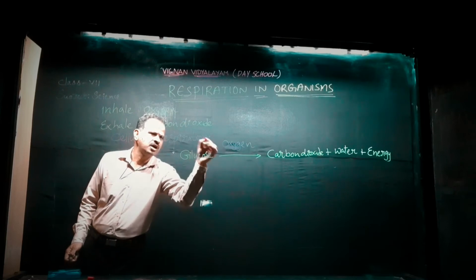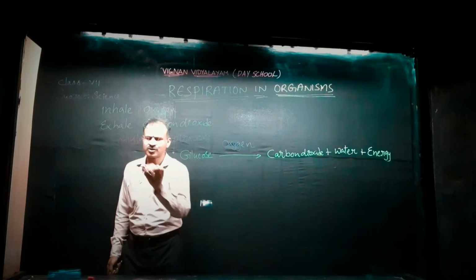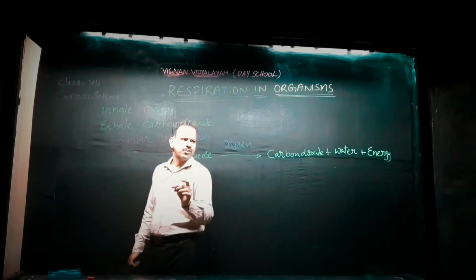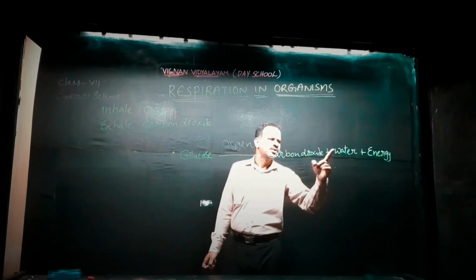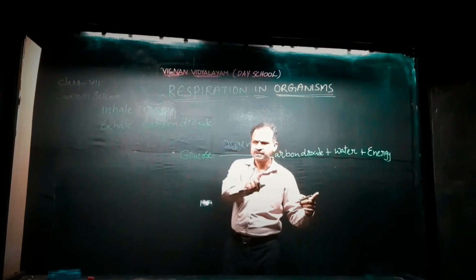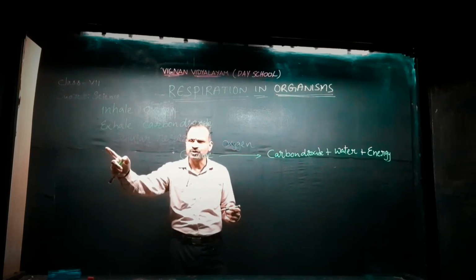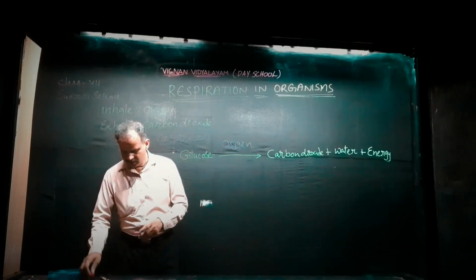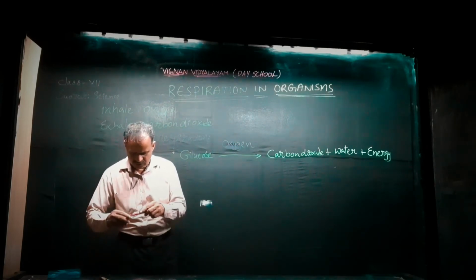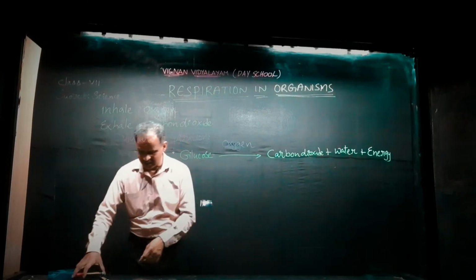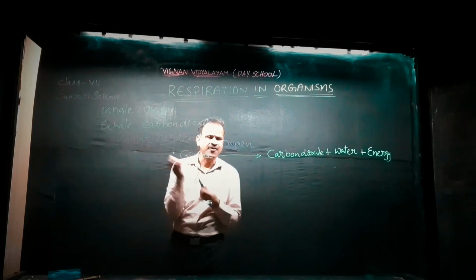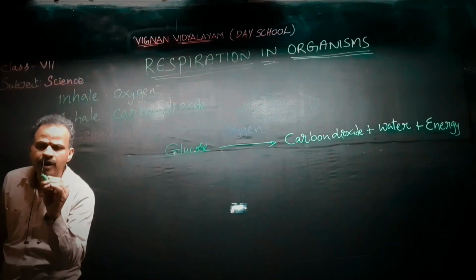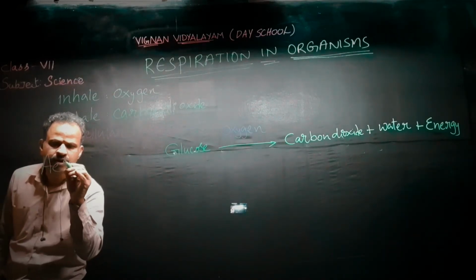This is called cellular respiration. So here the splitting of the glucose molecule into carbon dioxide and water takes place in the cell. This respiration occurs in the presence of oxygen, so this is called aerobic respiration.